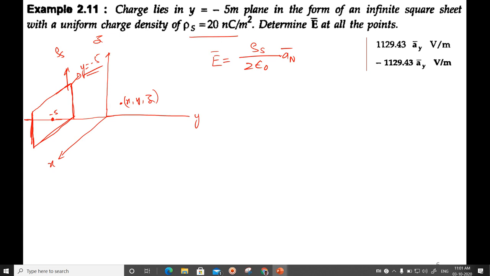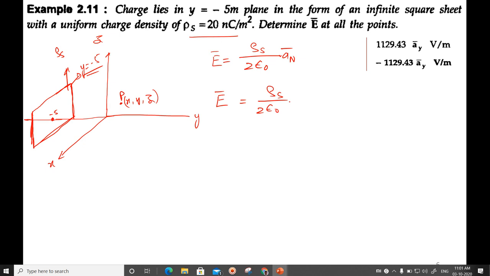Or else in general I can take x y z. Let me substitute later. First let me take the general one. I have taken it as x y z. Anyhow, the distance is not required. So the electric field intensity at this point P of x y z is given by rho s by 2 epsilon naught. What should be the unit normal vector? An, right?